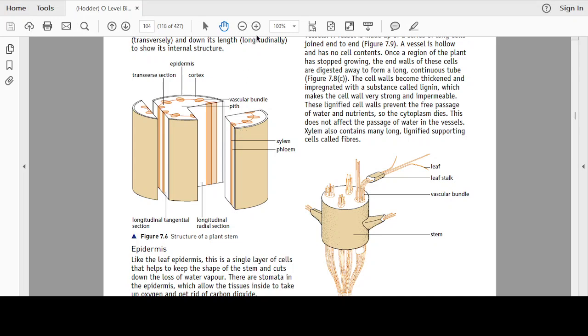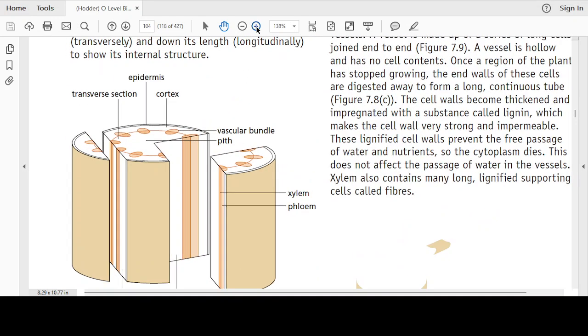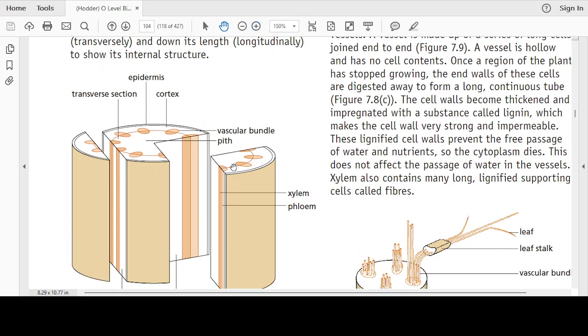If I just zoom in, inside the capsule, there's this darker shade on the inside, and that's the xylem, and the lighter shade on the outside, and that's the phloem. And so there are multiple vascular bundles arranged in a circular pattern in the stem. So there's not just one.